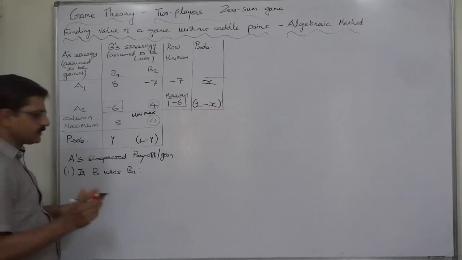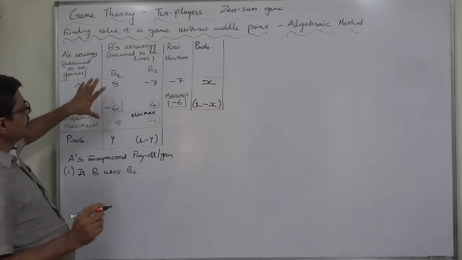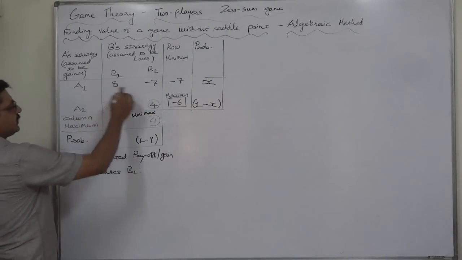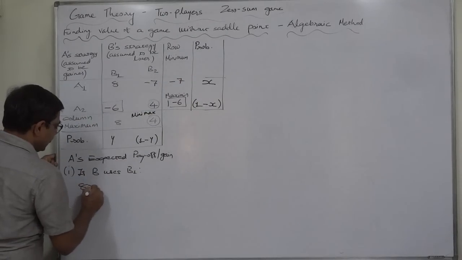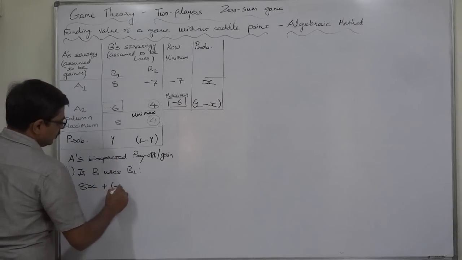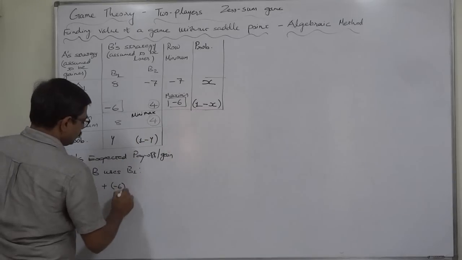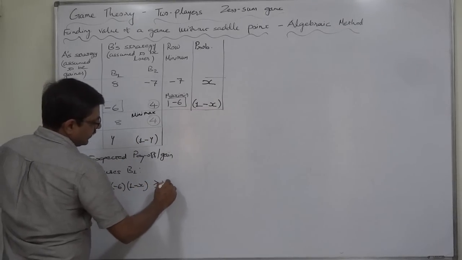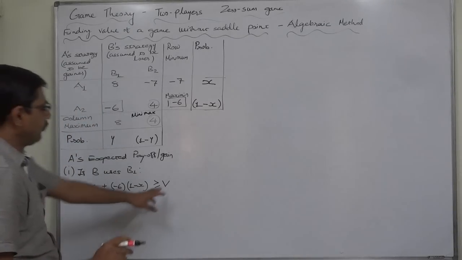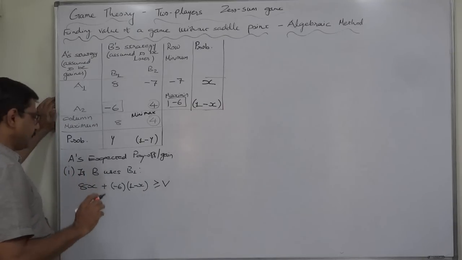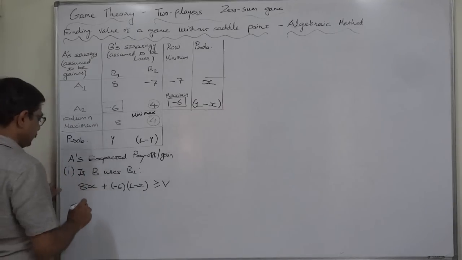As we know, expected value equals the sum of x into P of x. So the expected gain can be 8x plus minus 6 into 1 minus x, and that will be greater than or equal to the value of the game, because A is the gainer of the game as we believe it.